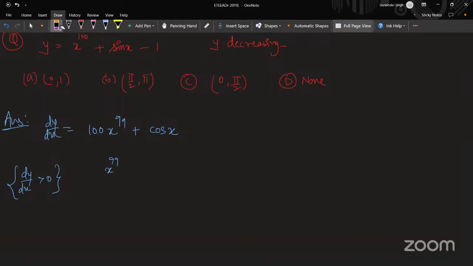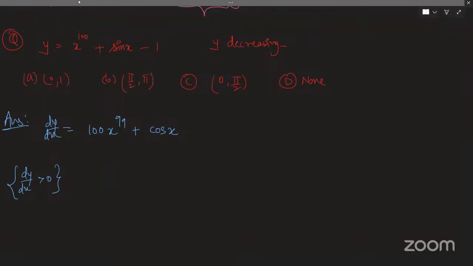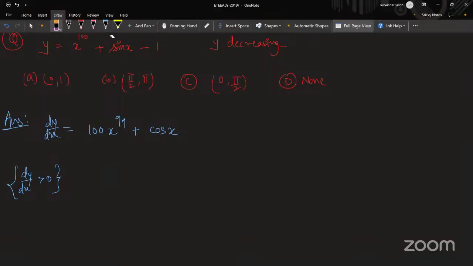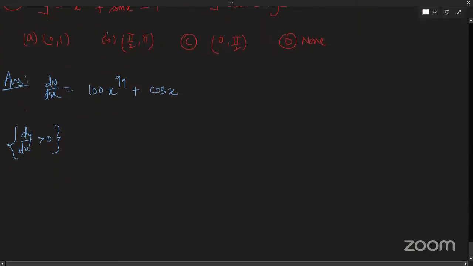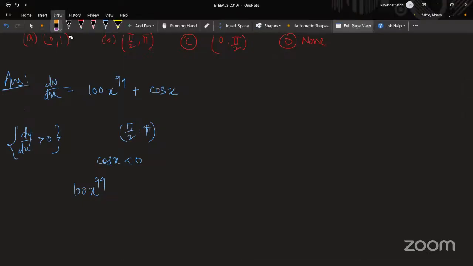So in your second option also, your dy by dx is a positive value, right? See, I'll show you how. Between pi by 2 to pi, your cos x is definitely a negative value, but 100 times x raised to 99 is a very, very large value.